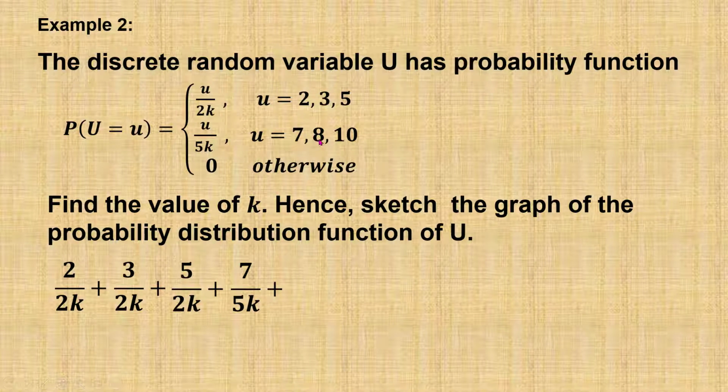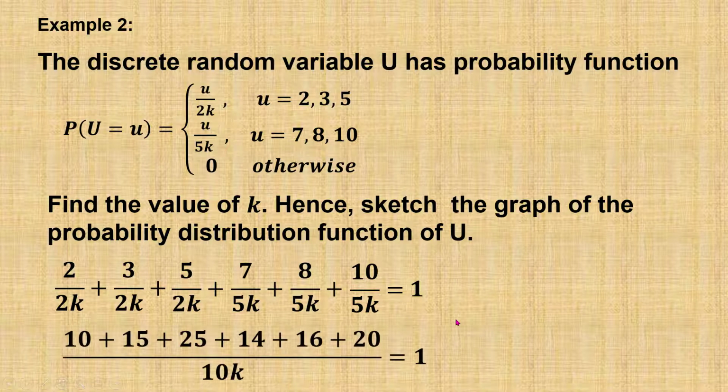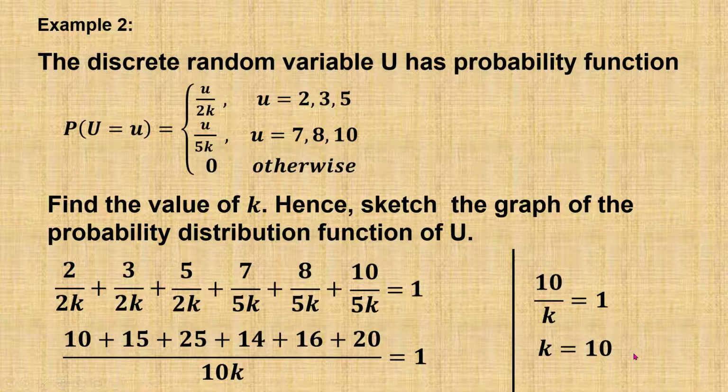When u is 8, the probability is 8 over 5k. When u is 10, the probability is 10 over 5k. And it should be equal to 1 because u is a discrete random variable. So when I calculate, I found that k is equal to 10.